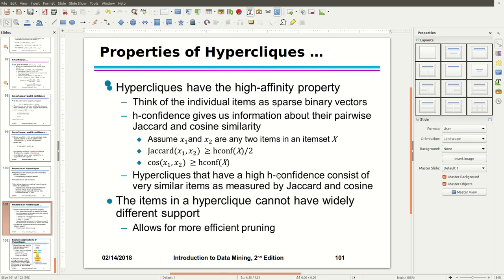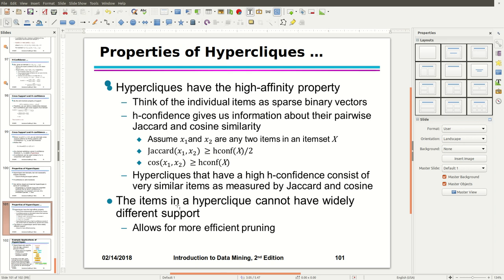Hypercliques that have a high edge confidence consist of very similar items as measured by Jaccard and cosine. The items in the hyperclique cannot have widely different support. So we are actually pruning those.